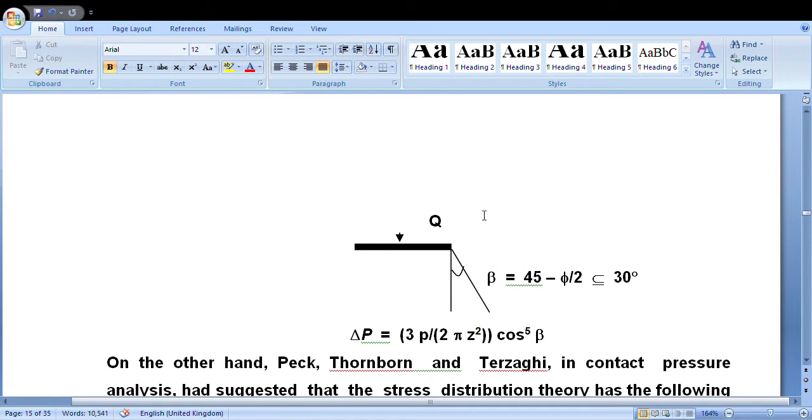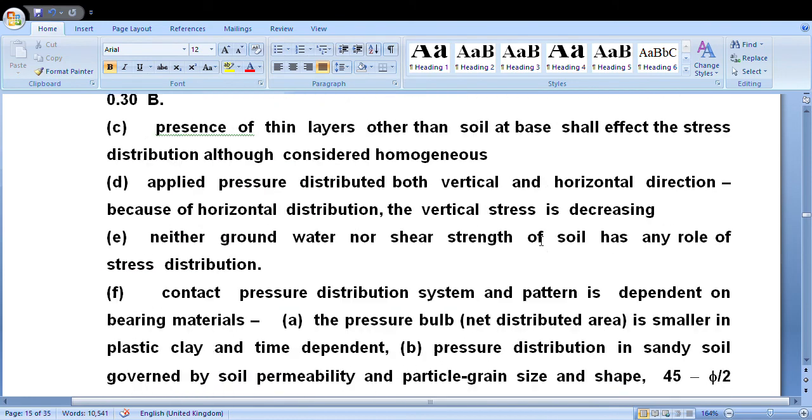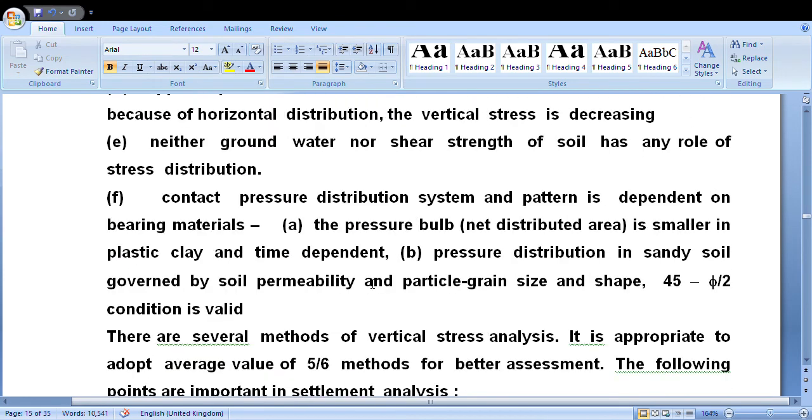However, if there is no overburden pressure or no surcharge here, there may be some heaving. Already I said there may be some heaving, which is due to horizontal distribution of load directly. Neither groundwater nor shear strength of soil has any role in stress distribution. So stress distribution is independent.